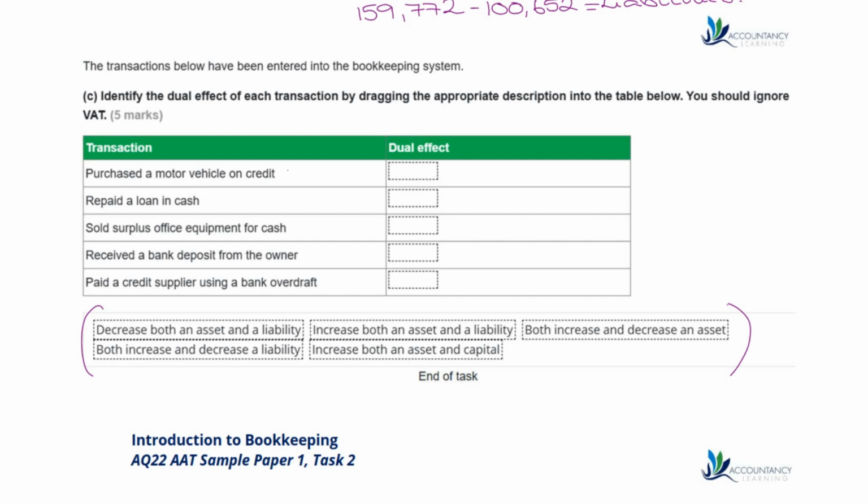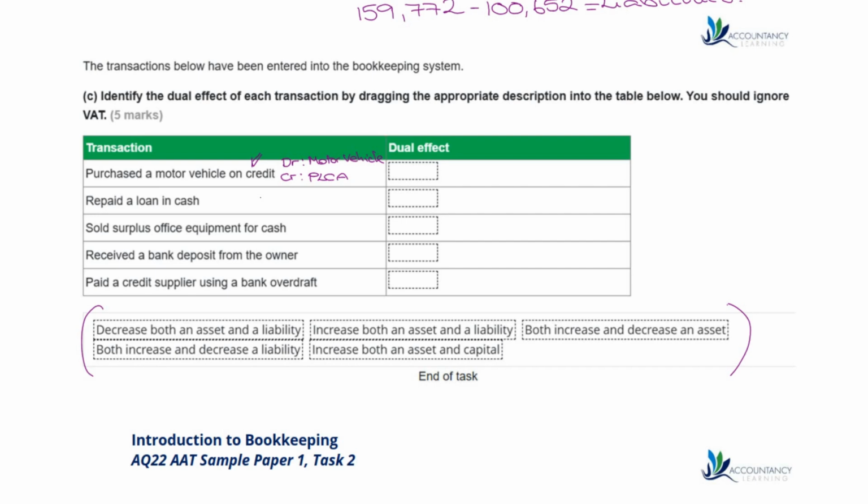So if we think about our double entry here for this one, we are going to debit our motor vehicle account and credit our payables ledger control account because we've bought it on credit.